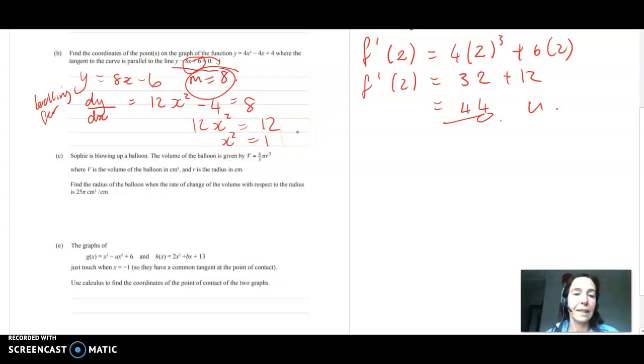So in this case, I know that this is a positive, so it's going to go like that. Sorry, it's going to go like that.